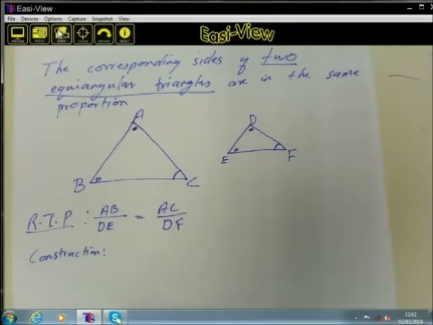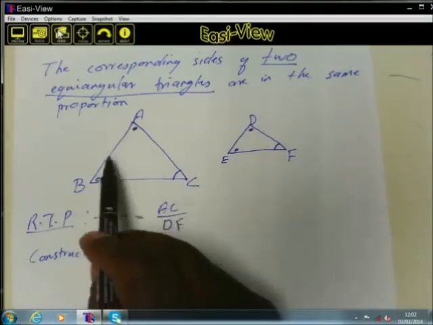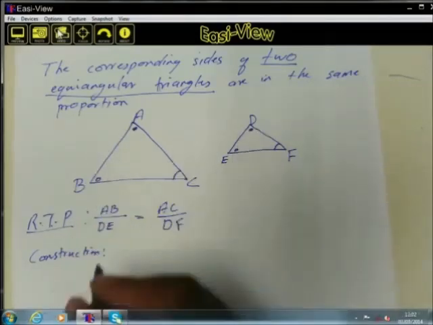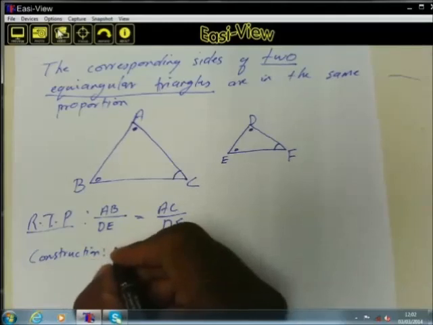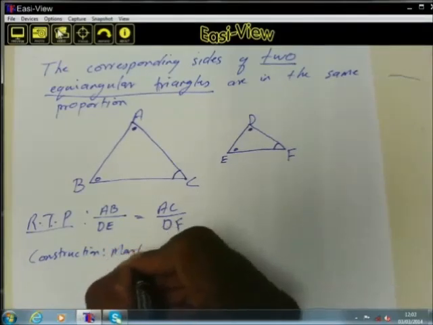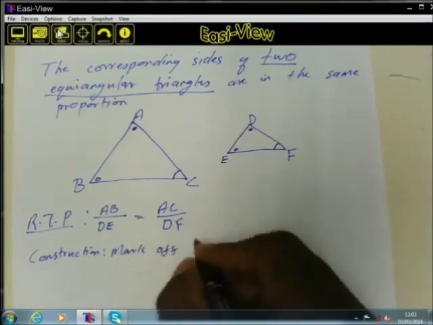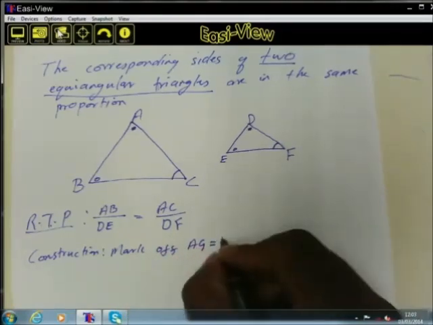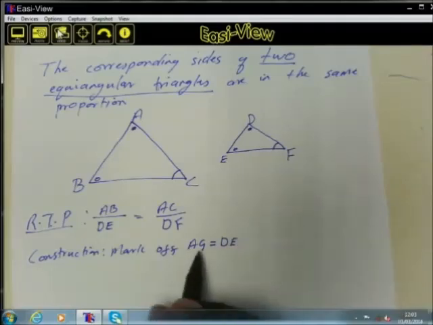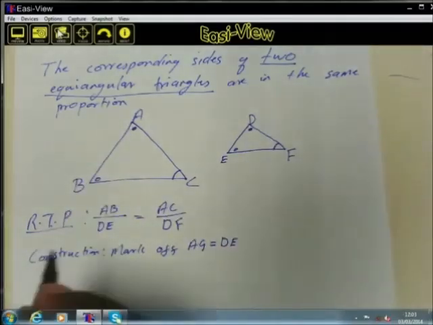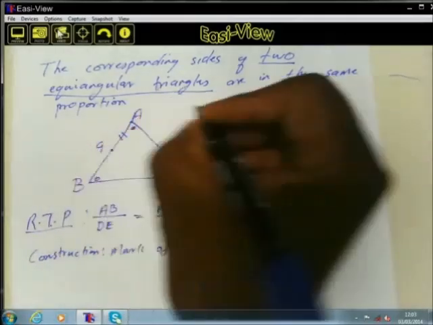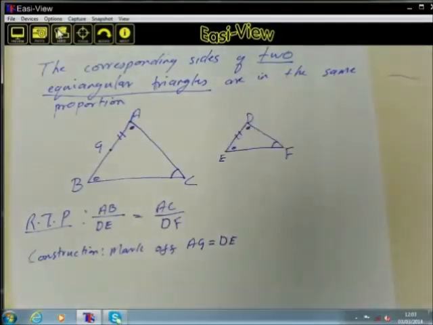Let's mark off AG on AB such that AG should be equal to DE, with G on AB. Say it's G here, such that this side is equal to that one.